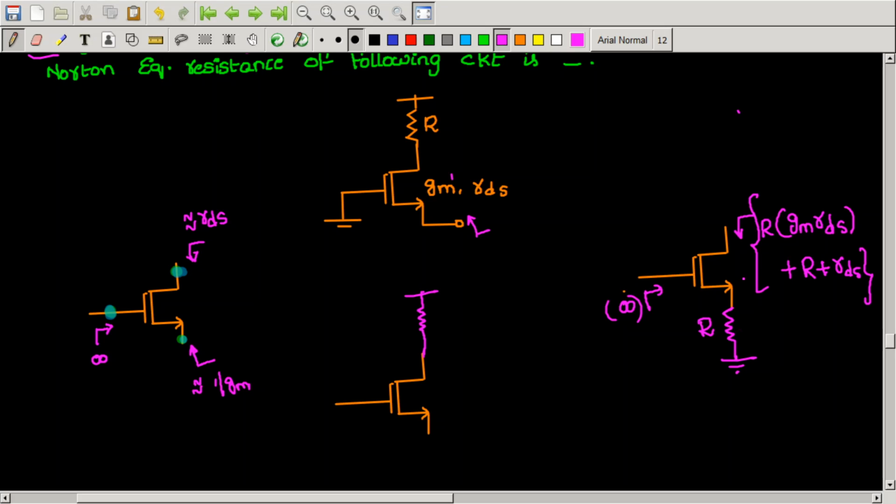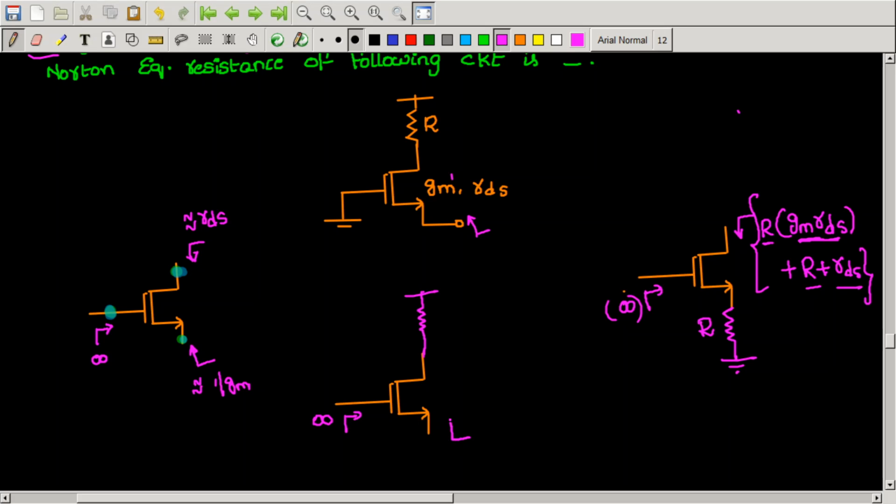So the source resistance R will be multiplied by the intrinsic gain of the MOSFET, that is GmRDS. To that value, R and RDS are added. So this is the equivalent drain resistance. Similarly, when you are looking in this circuit through the gate, its value will be infinite.